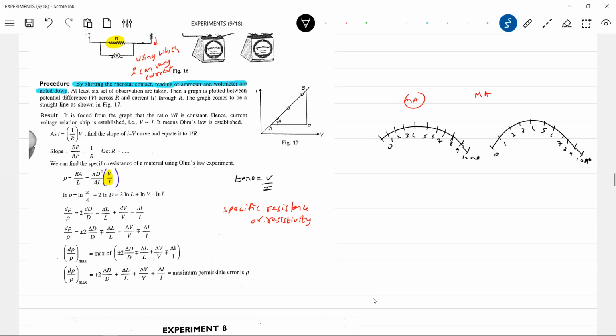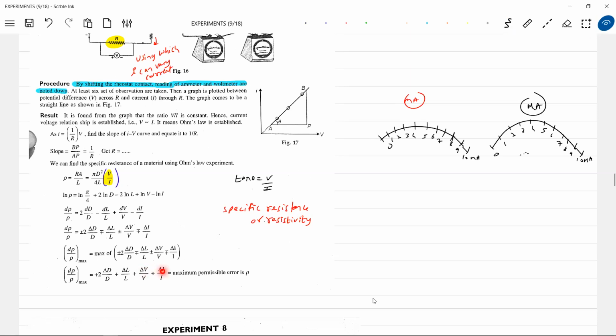Now which one should be preferred, microammeter or milliammeter? What is the smallest current you can measure? 1 milliampere here, 1 microampere there. So this should be the preferred one, no? The microammeter. Able to get this one?